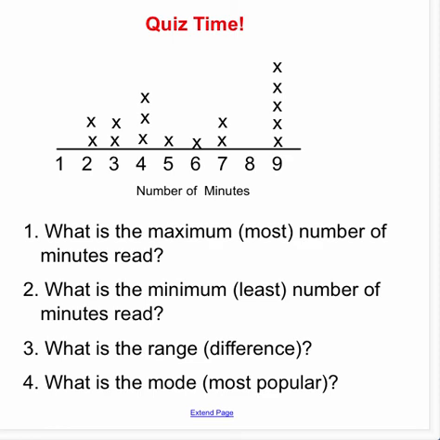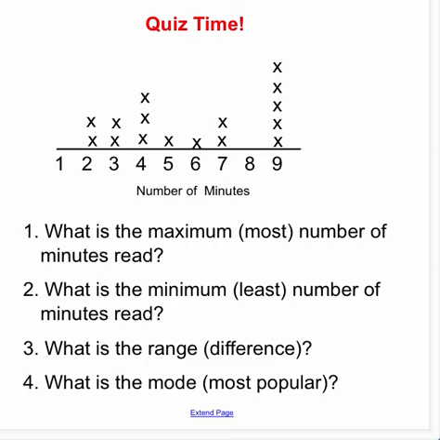Quiz time! You have a line plot up above that shows the number of minutes that students were reading. And so your job is to answer the 4 questions that you see down below. You need to write each question down in your notebook, and I would also like you to draw the line plot in your notebook. 1 says, what is the maximum or most number of minutes that were read this day?